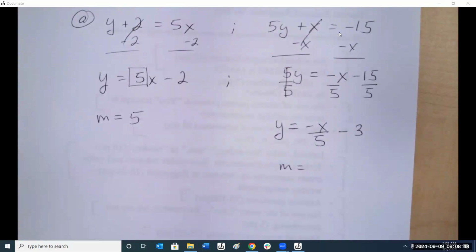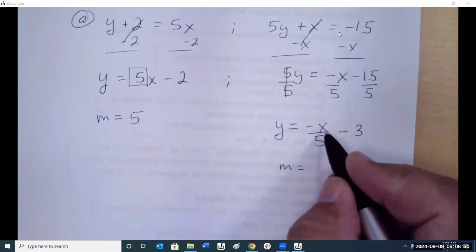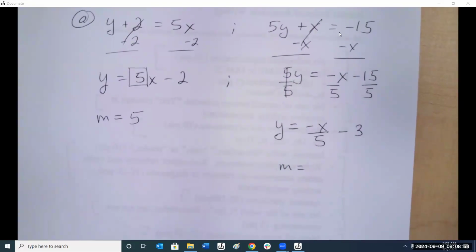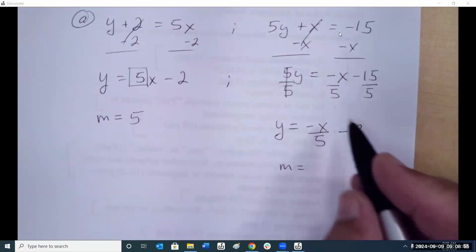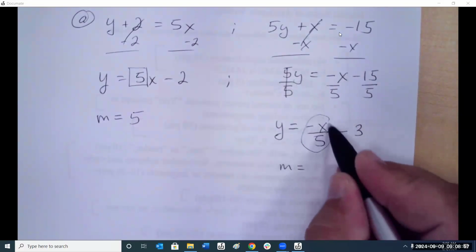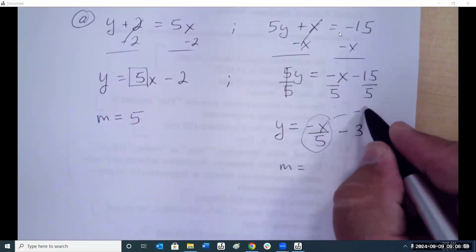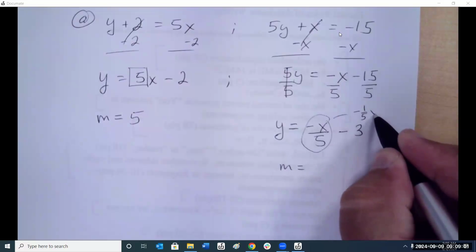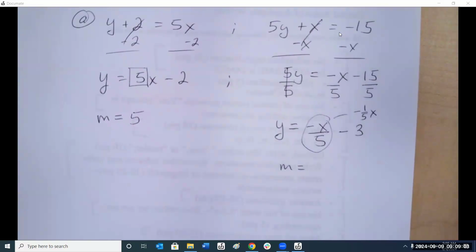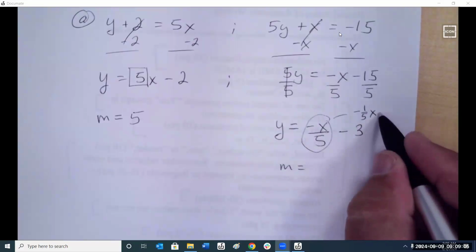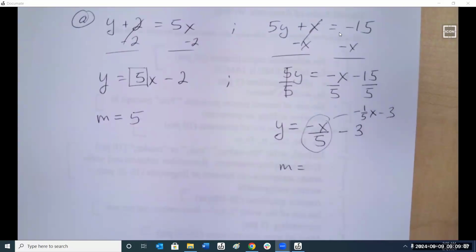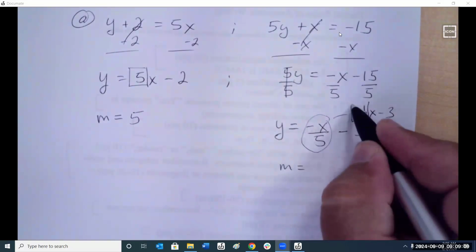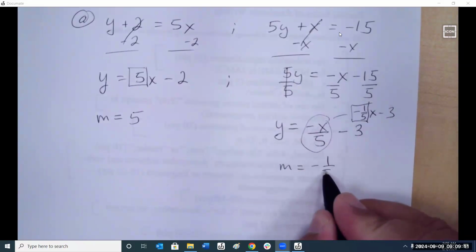Oh, no, yes, you're right. Because remember, it has to be the number in front of the x. So this becomes negative 1/5x minus 3. So whatever's in front of the x is negative 1/5.